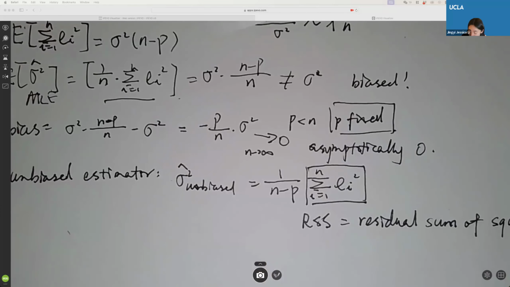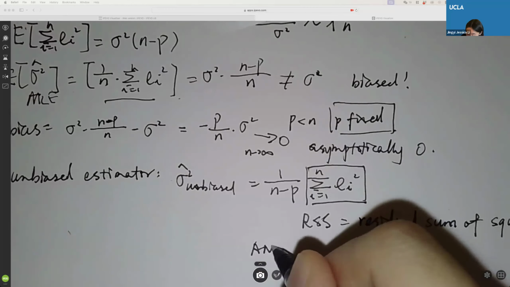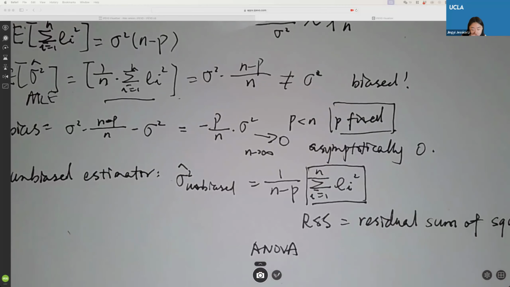But in the context of ANOVA, which we will introduce in this class, ANOVA is basically a technique to decompose the variance of the Y response into two parts: the variance that can be explained by the model, by X beta, and the variance that cannot be explained by the model, the random error variance. Okay, so ANOVA is analysis of variance. That's what it stands for.